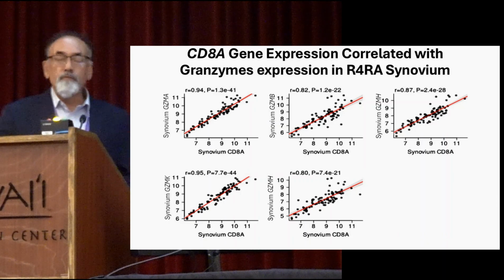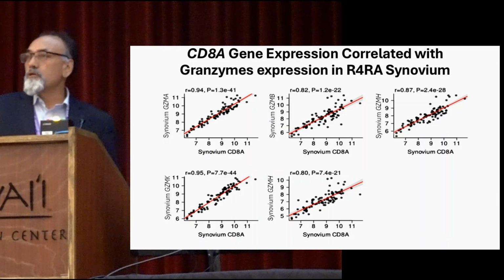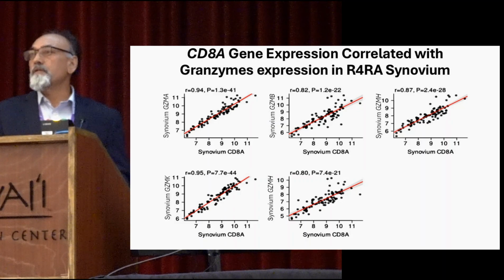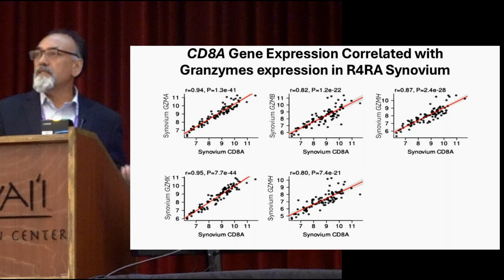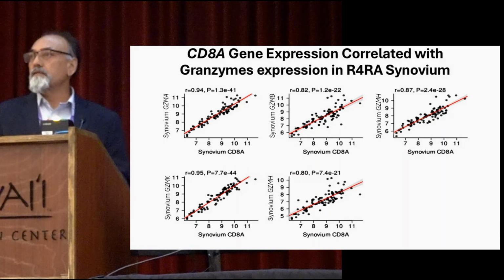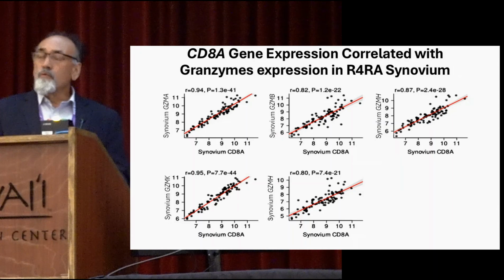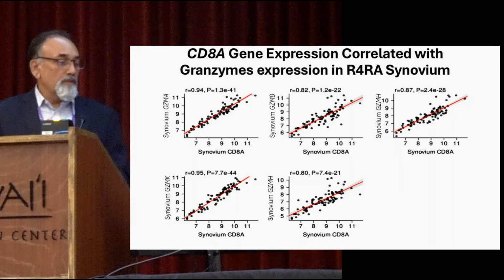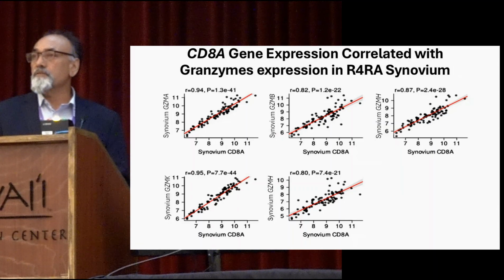In multiplex immunohistochemistry, we could not examine whether these CD8 T cells are CTLs or effector memory cells. So we examined the correlation between the CD8A gene and all of these granzymes.